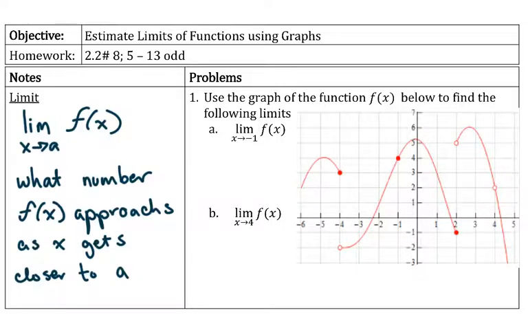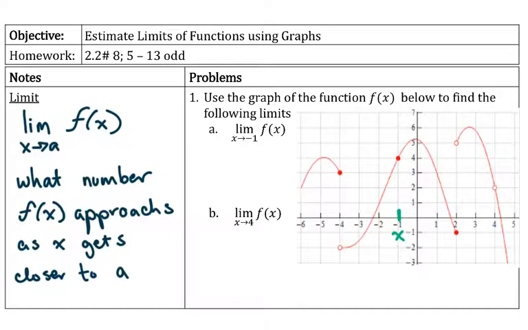So here, we're going to use this graph of what's called a piecewise function, because we have different pieces here, to find these limits. So the first one asks, this is the limit as x approaches -1. So if I look at the graph here, -1, this is our x value that we're going to be approaching.